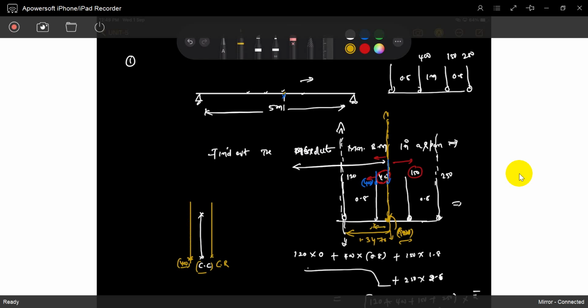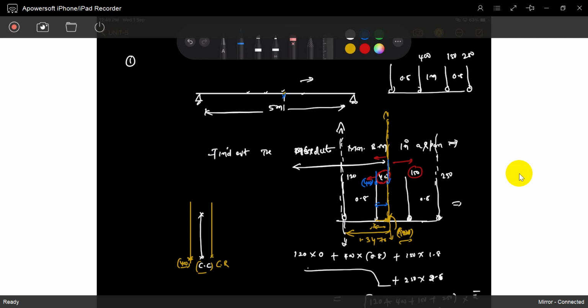What is the distance between these two? Previously it was 1.34, so 1.3478 minus 0.8. What is that value?